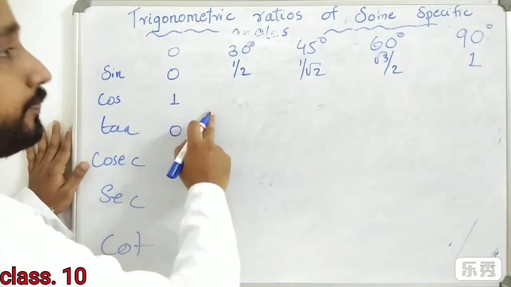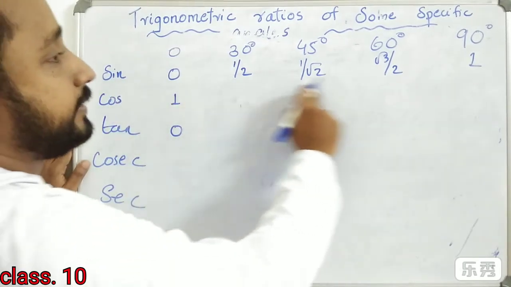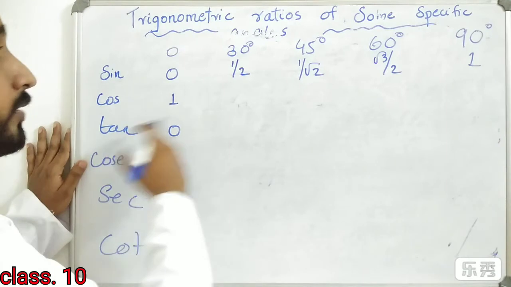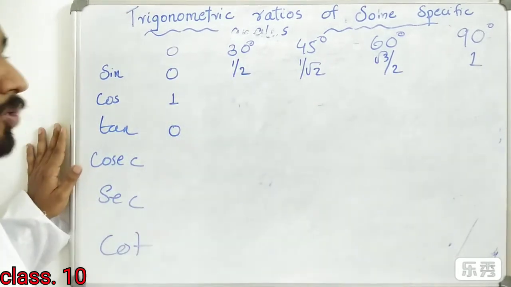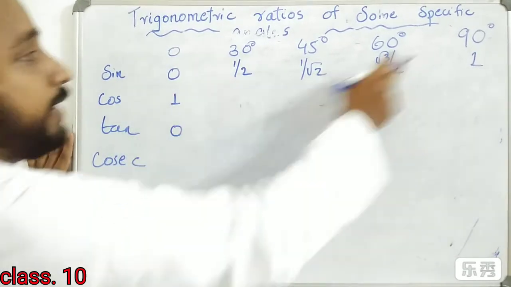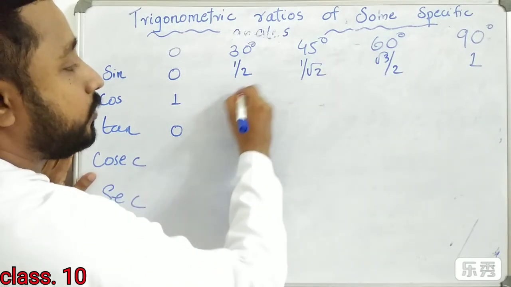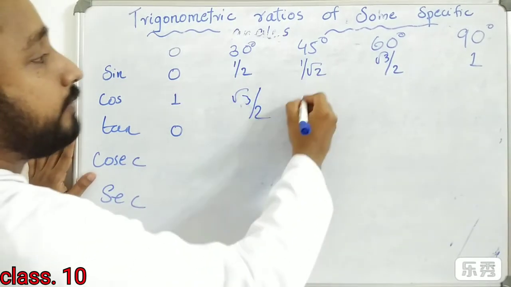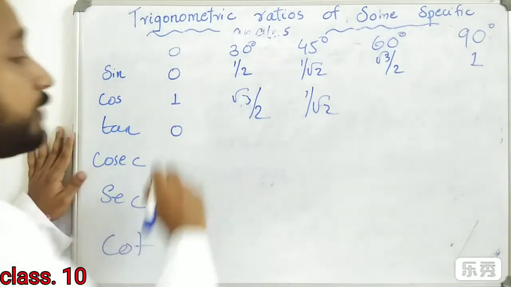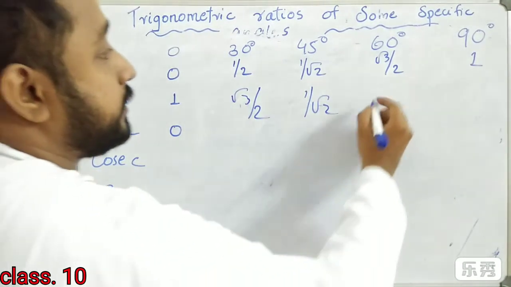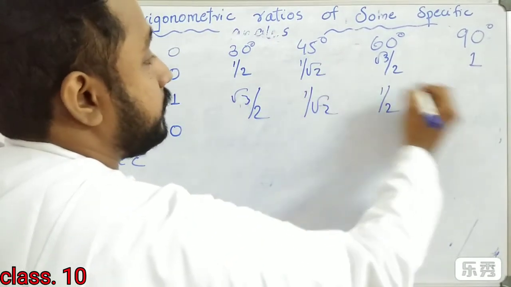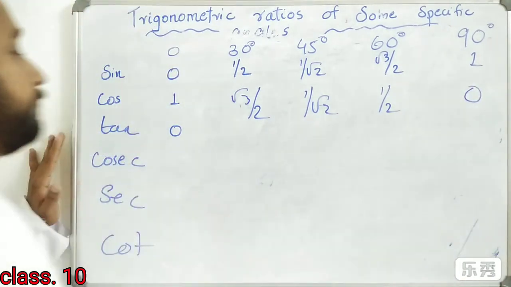Cos 0 is 1. So, first we write sin, then we can easily write cos. Just the reverse of sin is cos. So, cos 0 is 1, cos 30 is root 3 by 2, cos 45 is 1 by root 2, cos 60 is 1 by 2, and cos 90 is 0.